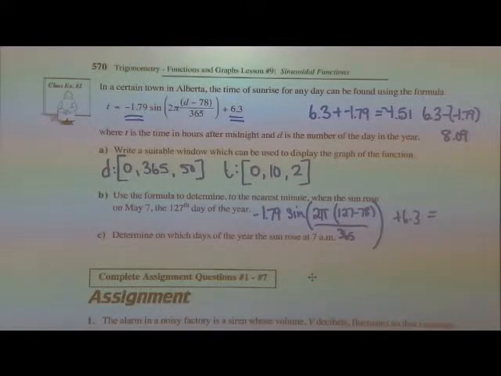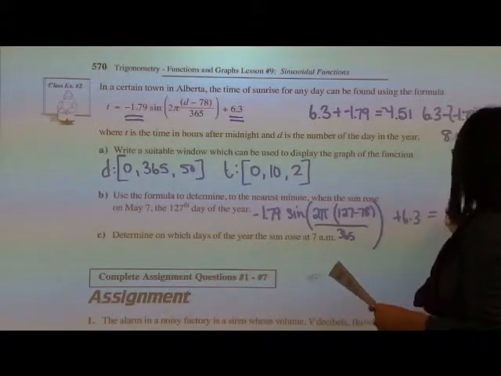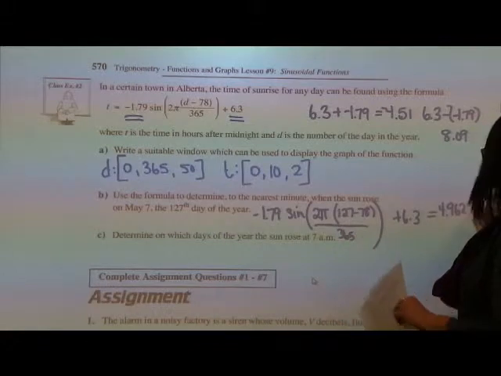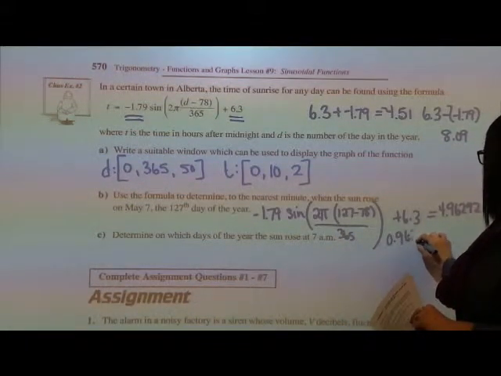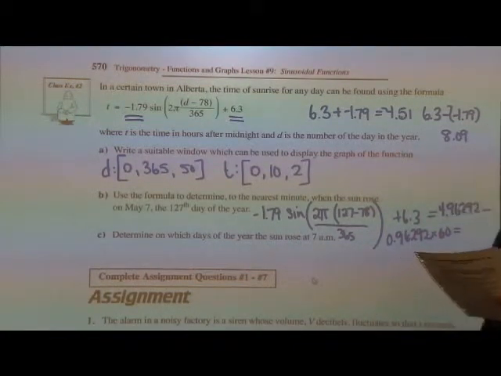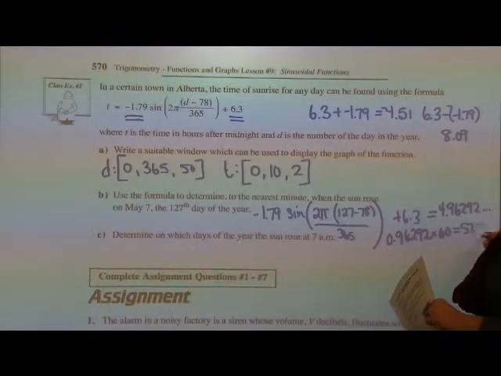So I get 4.96292. So 0.96292, take that and multiply it by 60. And what do I get? 57.77.